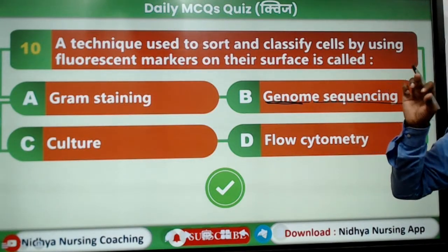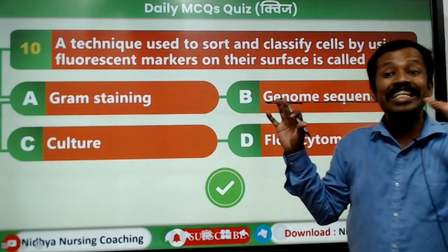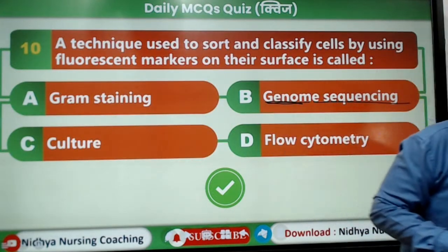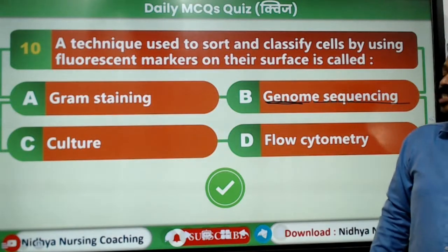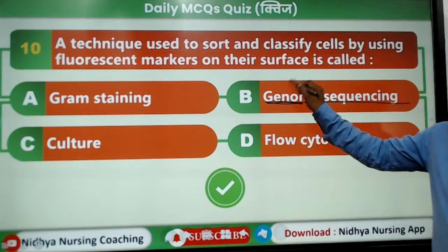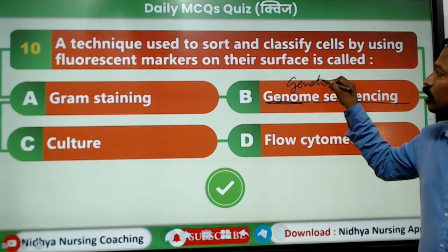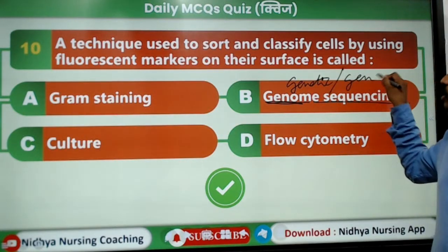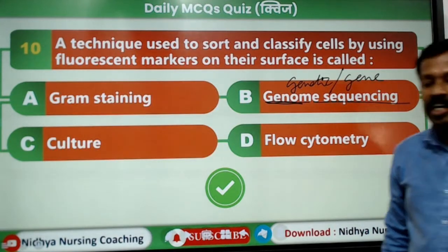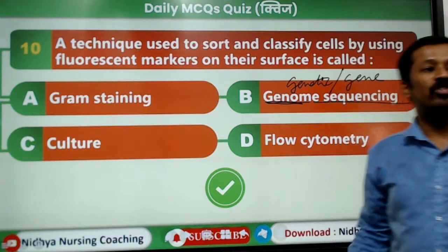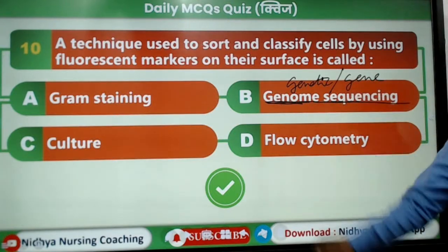To identify the entire cell's genetic typing, or gene typing. That is what we are using this genome sequencing method for.